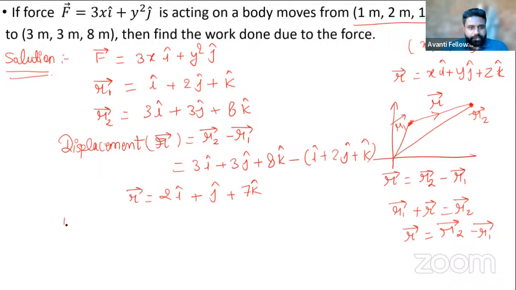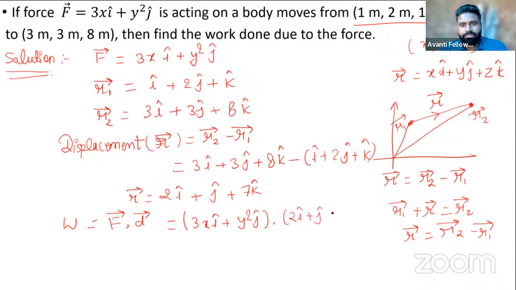Now work done is given by force dot product with displacement vector. Now what is force vector? Force vector is 3x i cap plus y square j cap, dot product with displacement vector, which is 2i cap plus j cap plus 7k cap. Okay.